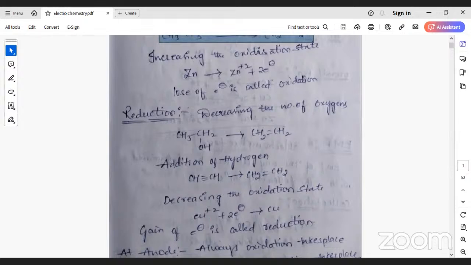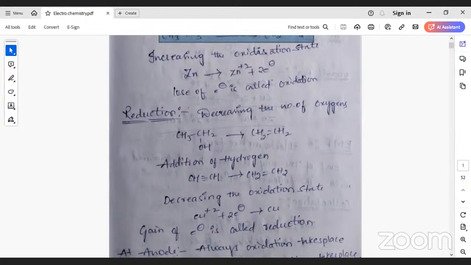Or else, if both electrodes are having only oxidation potentials or only reduction potentials, we have to use the minus sign. If one is having an oxidation potential and one is having a reduction potential, we have to utilize the plus sign.